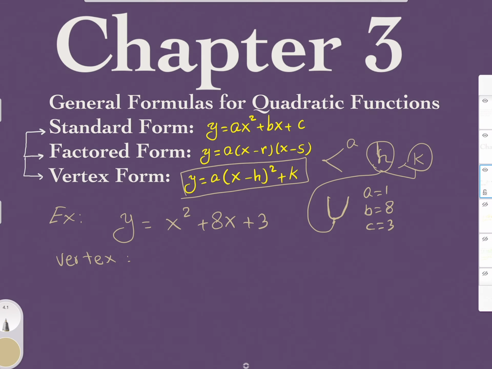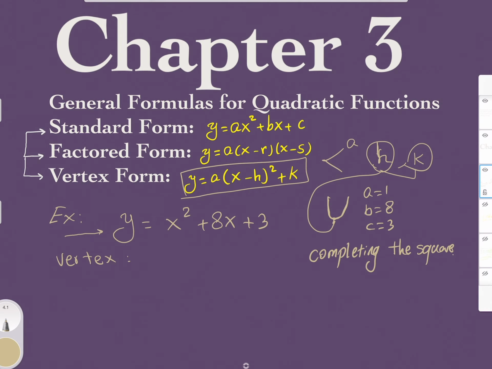You will see a lot of homework questions about this: make it into a vertex form. In order to do this, we need to go through a few steps, and those steps are called completing the square. I'm sure you've seen this in algebra, but let's have this example.